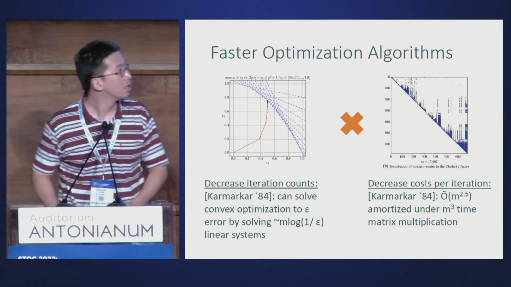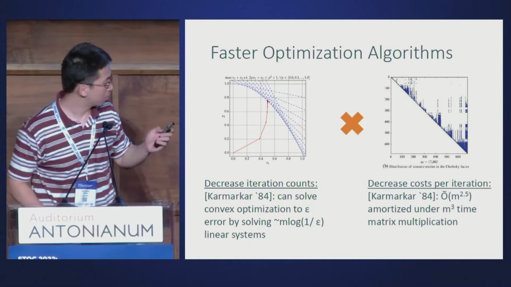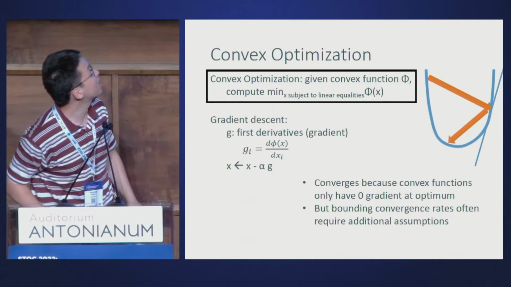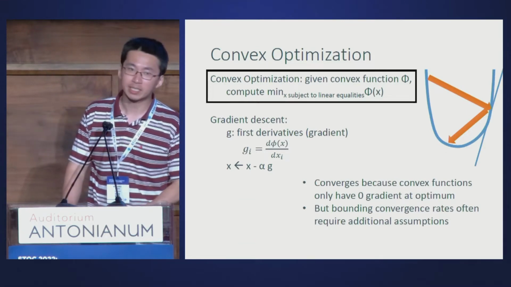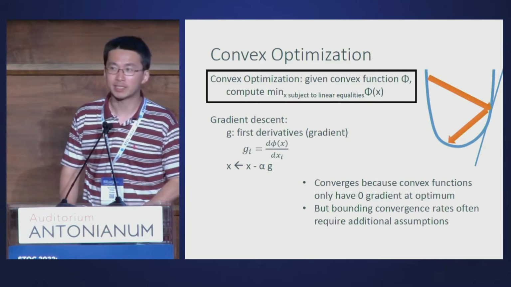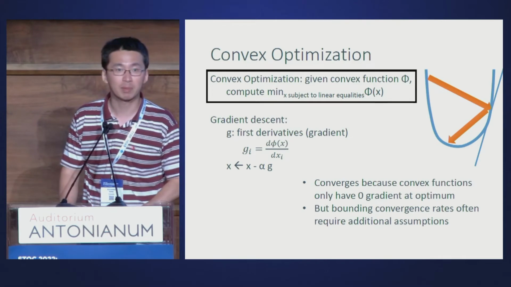Okay, so let me quickly start diving into what an optimization algorithm is. The generic idea of an optimization algorithm, actually, maybe let me have a show of hands. How many have heard of gradient descent?